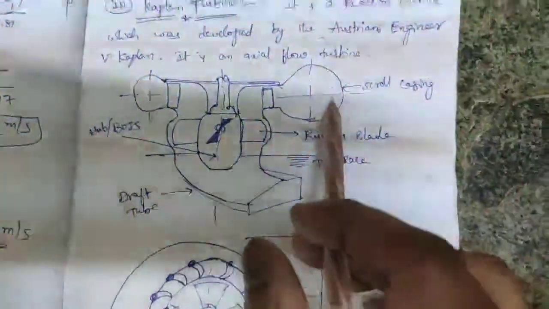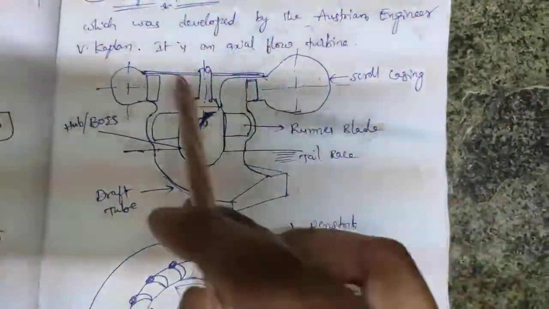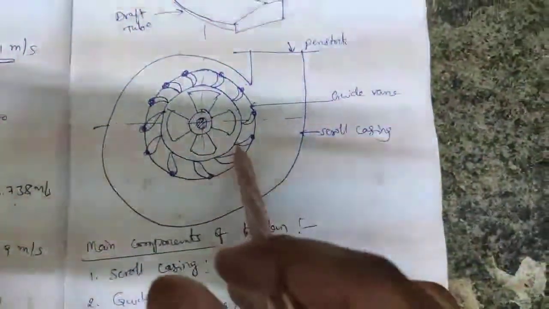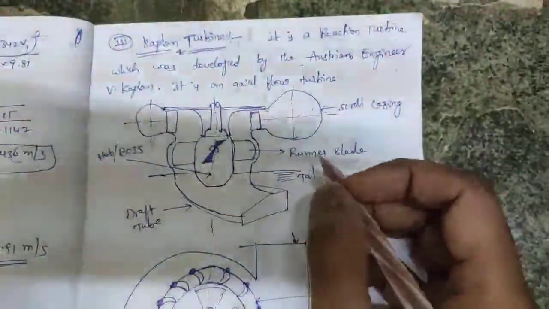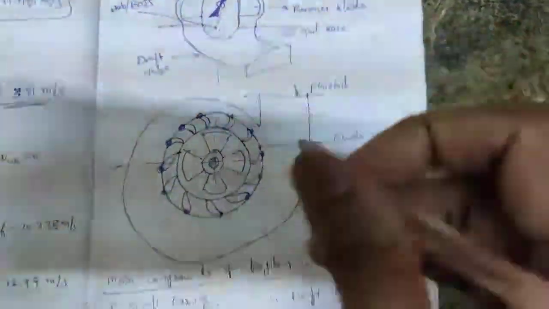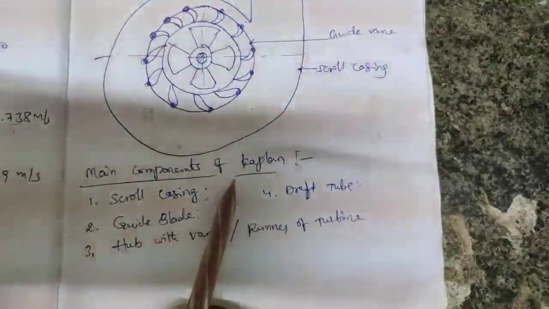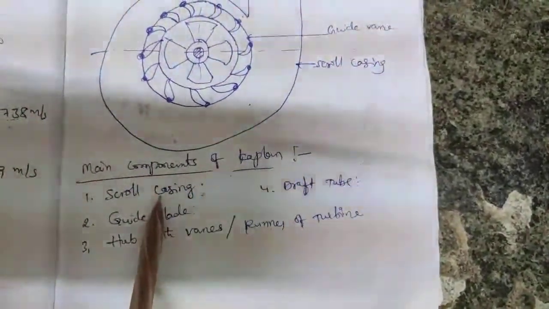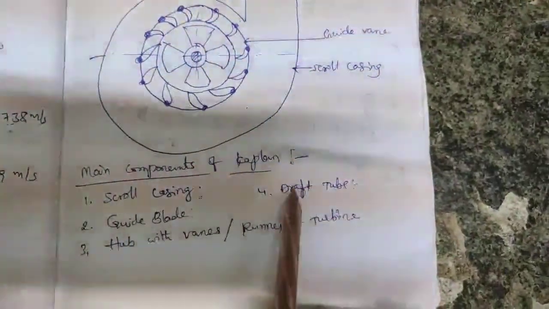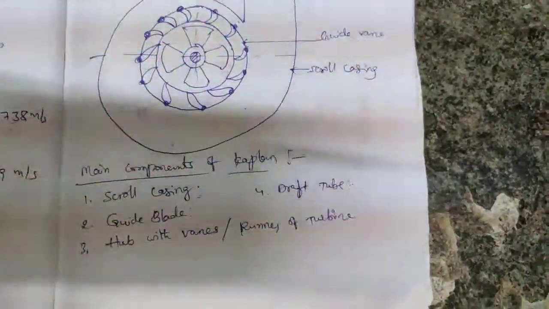This is the front view of the Kaplan turbine. This is the top view. The construction is similar, and the main parts are the scroll casing, guide vane, hub with vanes, and finally the draft tube.